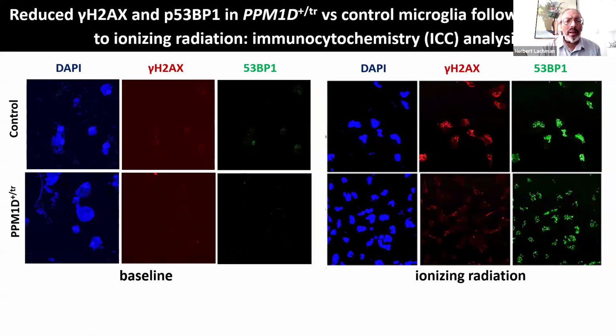There's very little baseline activity, but when we expose the cells to radiation, we see a robust activation of H2AX in the control samples seen on the top right, in both H2AX and 53BP1, but it's a much more tepid response in the PBOND truncating samples seen in the bottom panels.